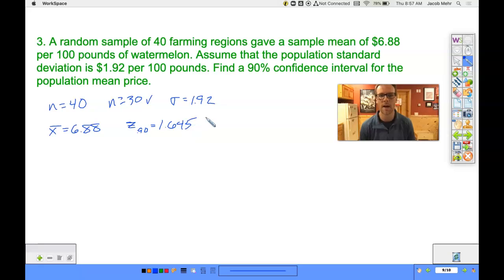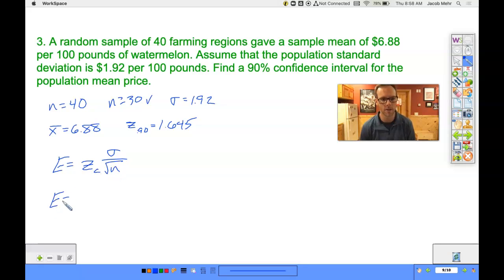Okay. So now that we have that, we're ready to calculate our error. This is our estimate. But knowing the standard deviation of the population and the sample size, what's the error? How far off could we be with our estimate of mu? So, error formula. Remember, it's the critical value, the z-score for our confidence interval, times the population standard deviation divided by the square root of n. Remember, that's the standard deviation of the X bar distribution.